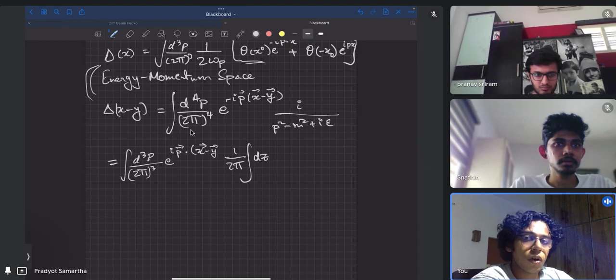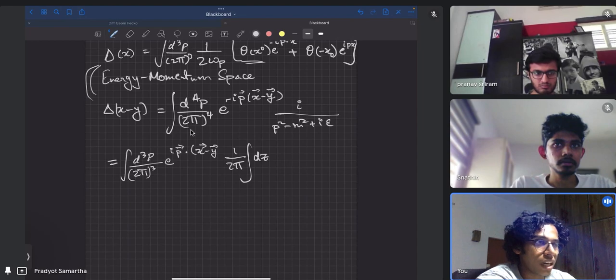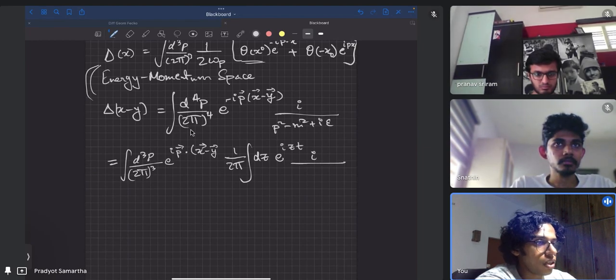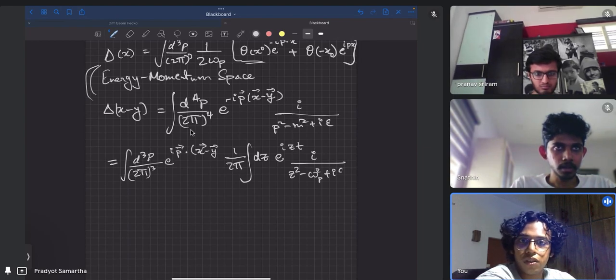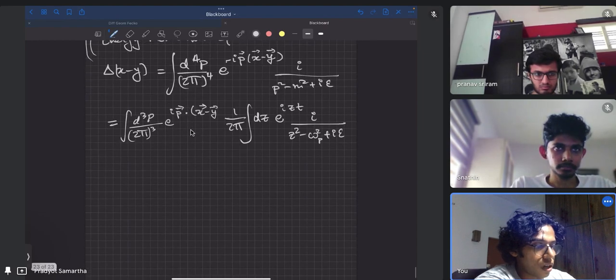This is where we bring in a complexified fourth dimension, right? We will see why exactly we complexify it. So you have this e to the power of i z t, i by z squared minus omega squared plus i epsilon, right? So you have this expression.